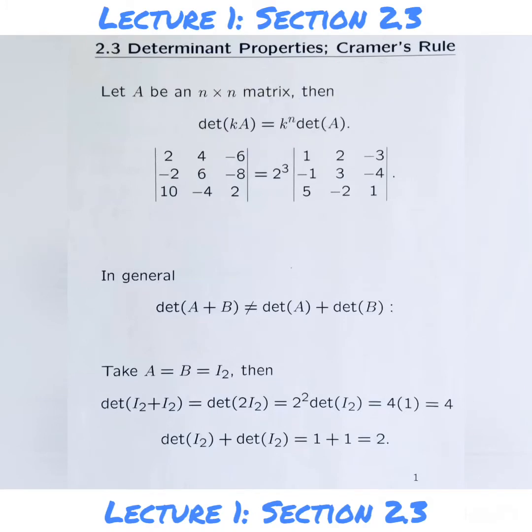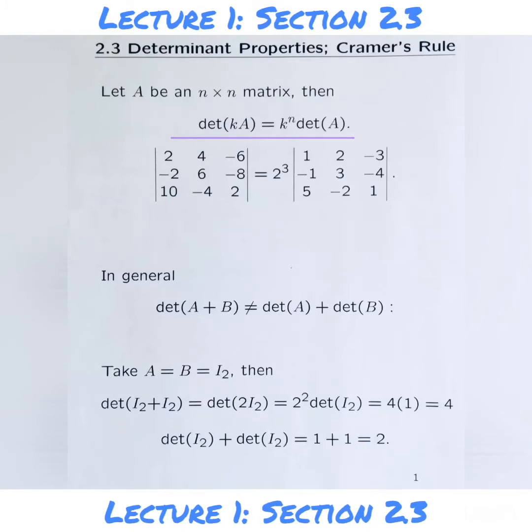So in Section 2.3, I refer you back to the class notes. There we have our first determinant identity. If A is an n by n matrix and you take a scalar multiple of the matrix A, then the determinant is the power of that scalar, where the power is indicated by the number of rows or columns, multiplied by the determinant of A. And there's an example that illustrates how this identity is applied.